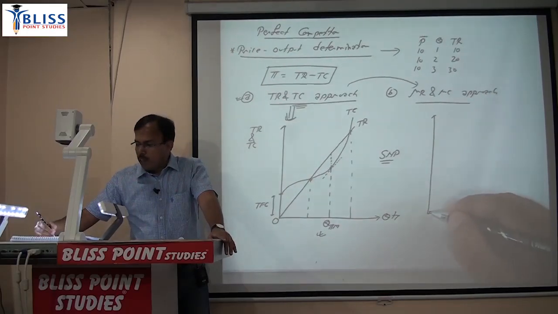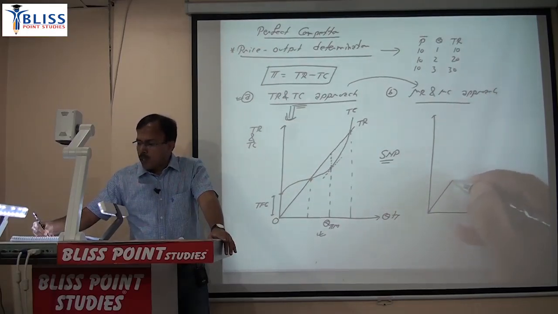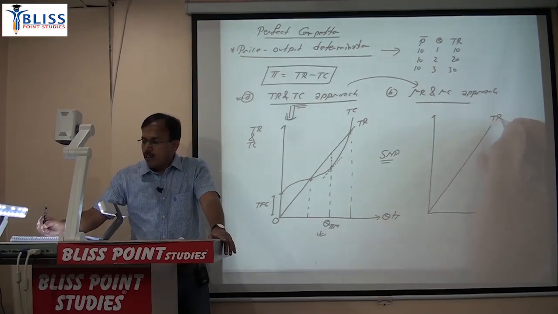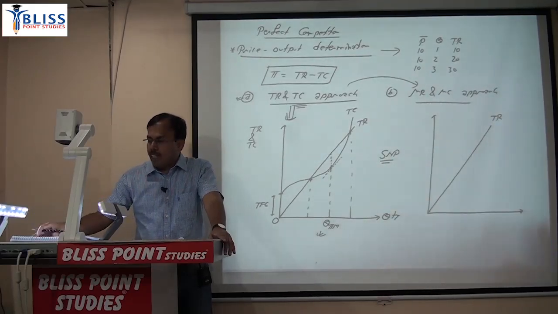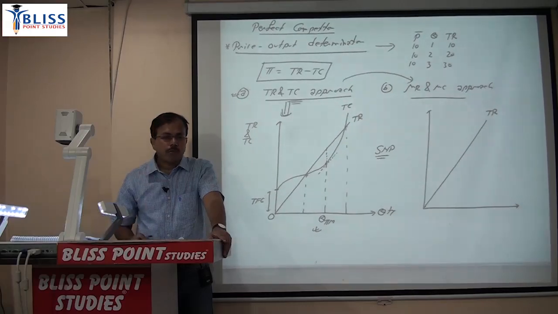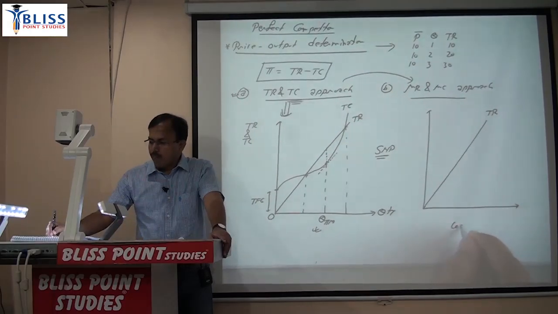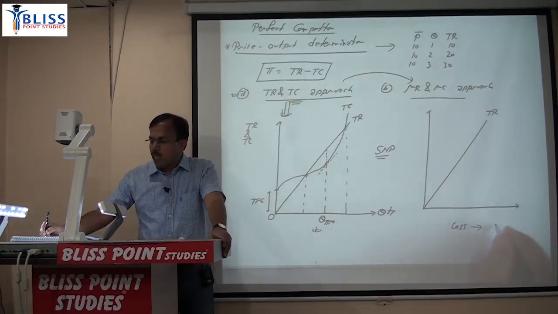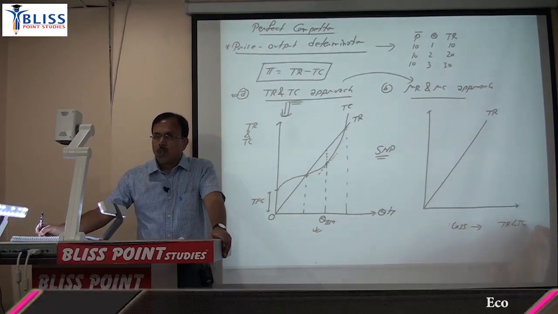So if I draw total revenue line straight, first thing, when there will be a loss, loss will be there only when total revenue is less than total cost.